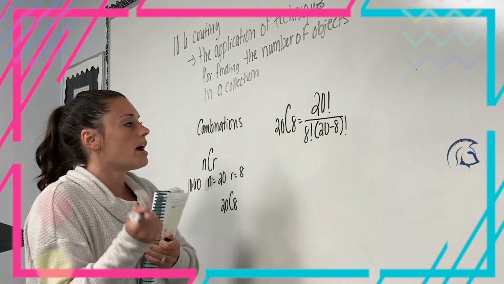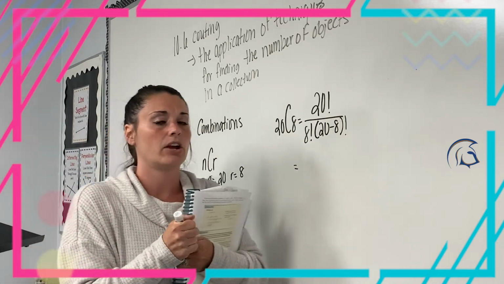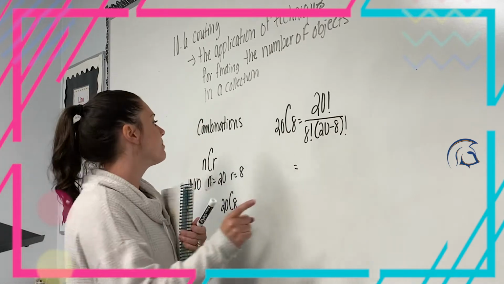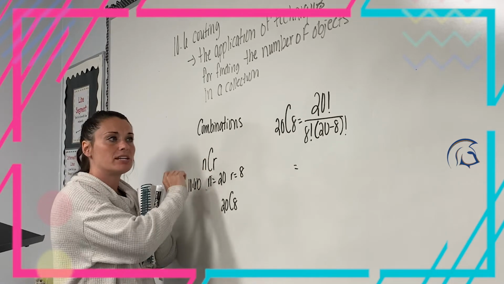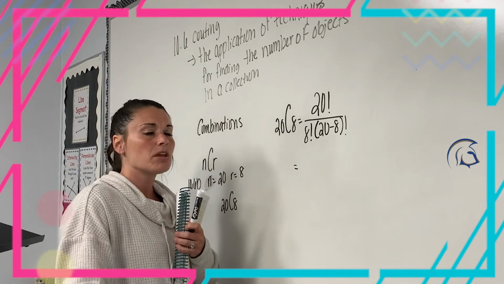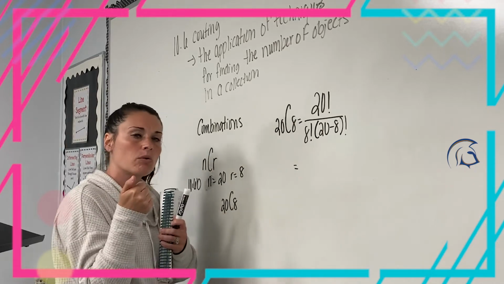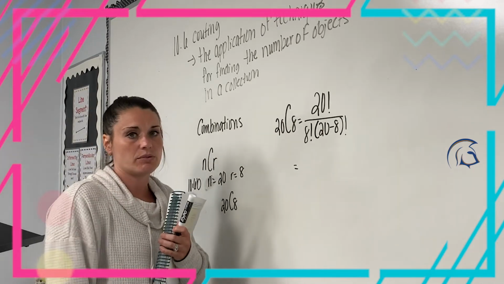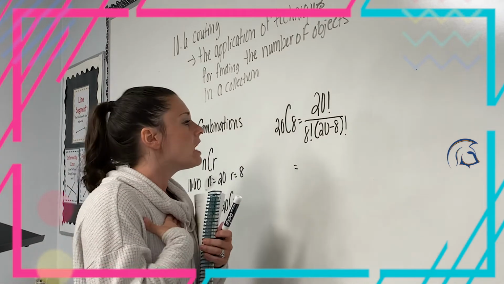So how we are going to solve this, if you have a scientific calculator and you have the nCr button, you can use that button to solve this whole thing. You might have to push 20 and then that button and then 8 and hit equals. That's how you have to do it in the TI-83, the calculator that I have.